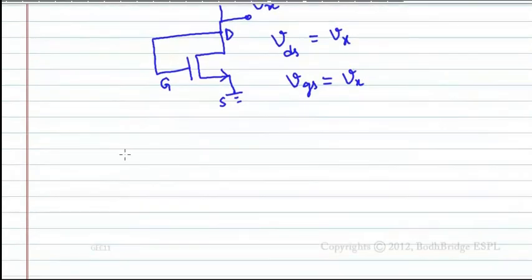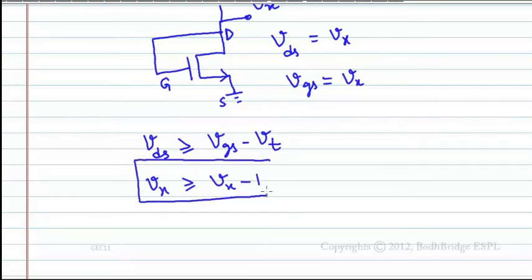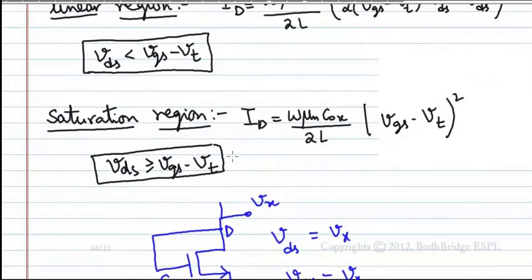Now check, is VDS greater than or equal to VGS minus Vt? Here VDS is Vx, which is greater than or equal to Vx minus Vt, with Vt given as 1. Therefore this condition is satisfied, which means saturation condition is satisfied.